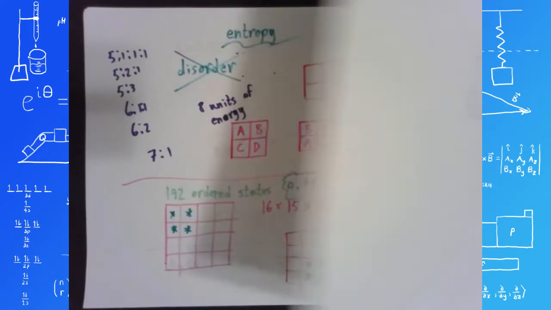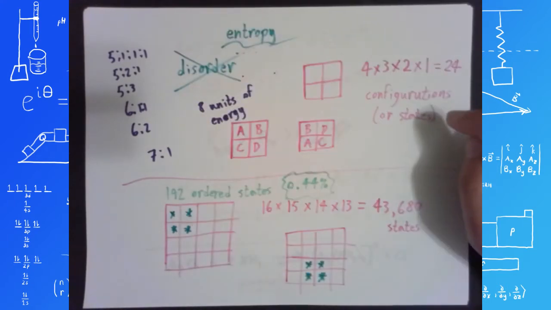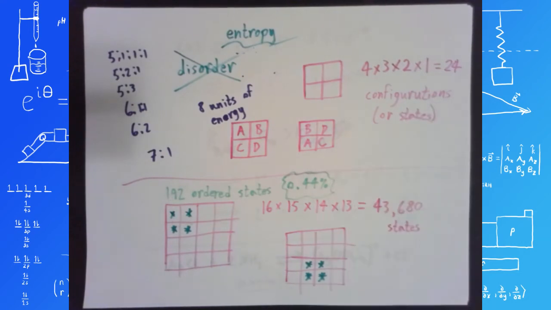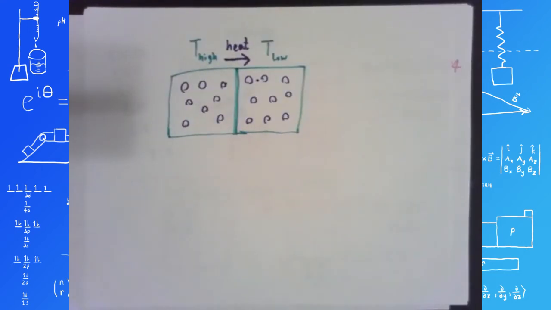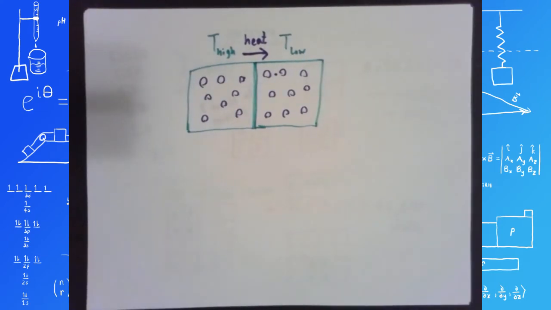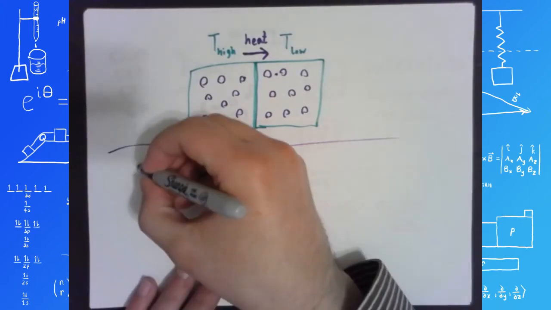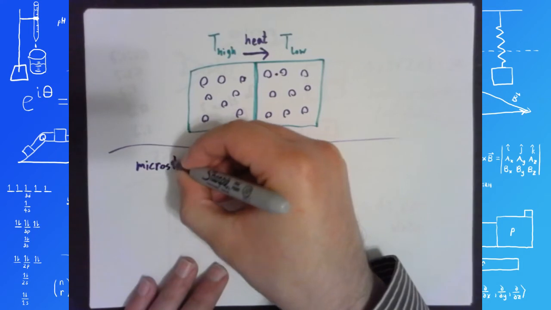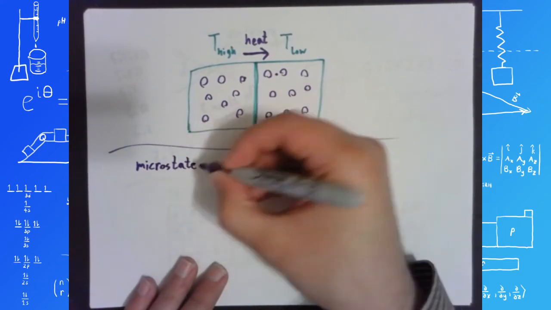Any individual state is what we would call a microstate. So a microstate is a particular arrangement of particles and their energies.